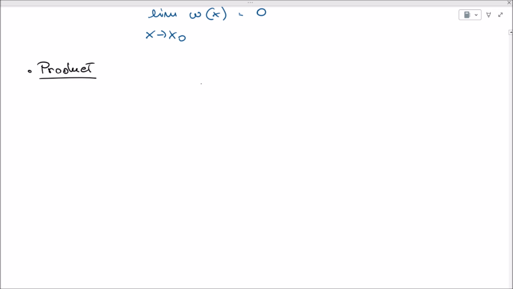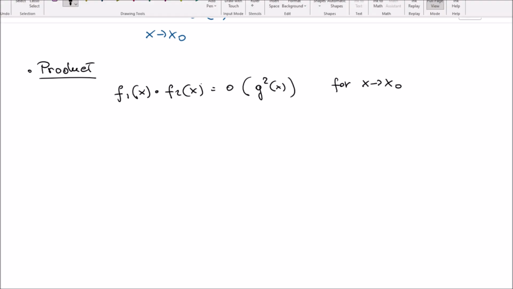Again, with the same hypothesis that f1 is little o of g, f2 is little o of g, we would like to explore now what happens to f1 of x times f2 of x. And it turns out that this is little o of g squared of x. Now, of course, for x that goes to x naught. Now, let me prove this statement.